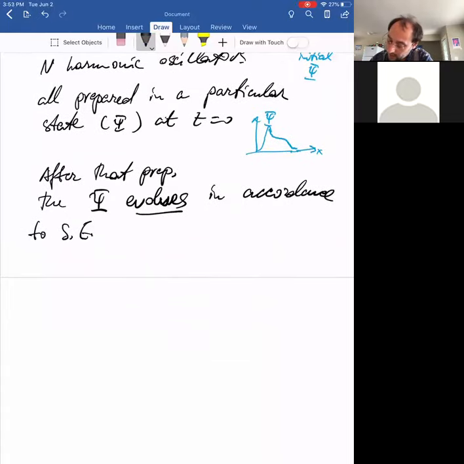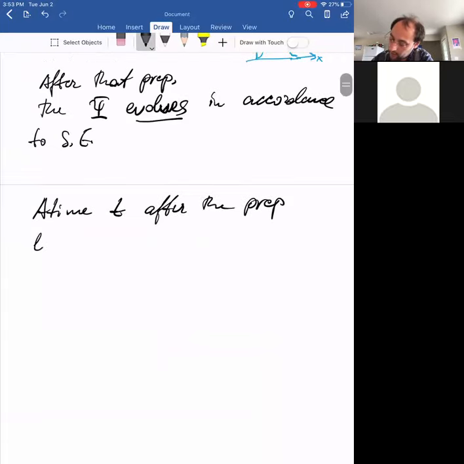So then at time t, I perform a measurement.